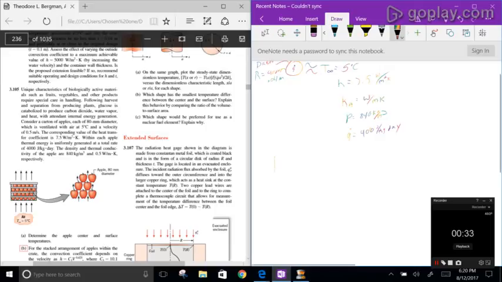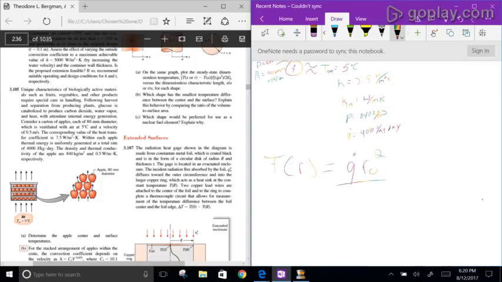So that is T of r equals q dot r naught squared over 6k, or is it 4k? I think the cylinder is 4k. Yeah, cylinder is 4k.